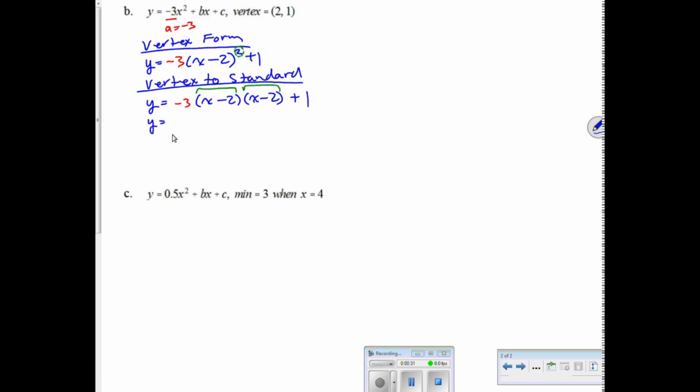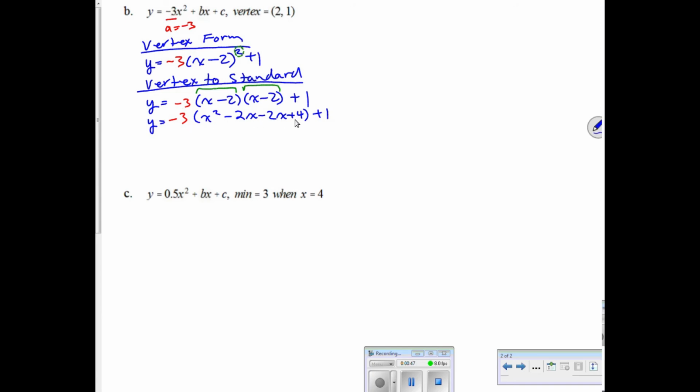So we're literally just going to expand it. You'll notice I've got minus 3, and then I put a bracket for my expansion of x minus 2, x minus 2. So we end up with this. And then we add plus 1 on the outside. Now, once we've done that, we're not done. You can't just go and take this minus 3 and put it in here.